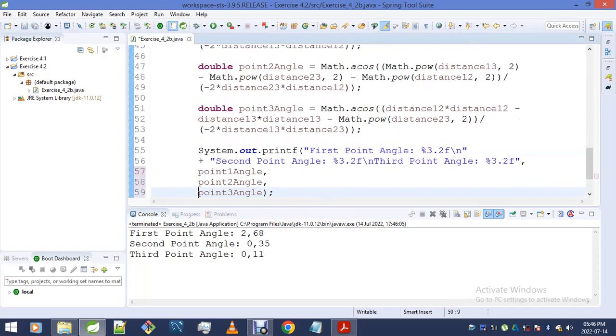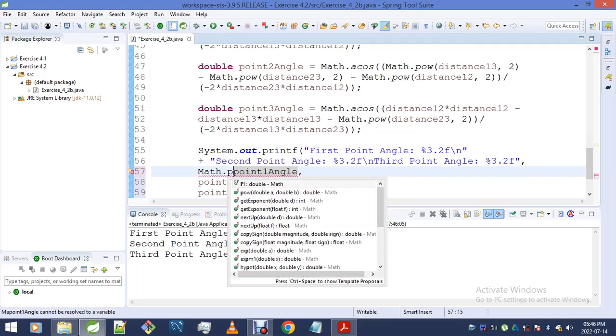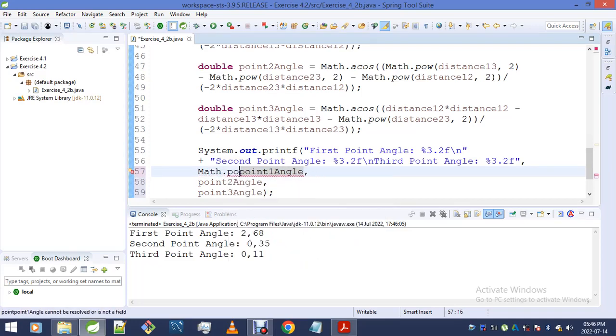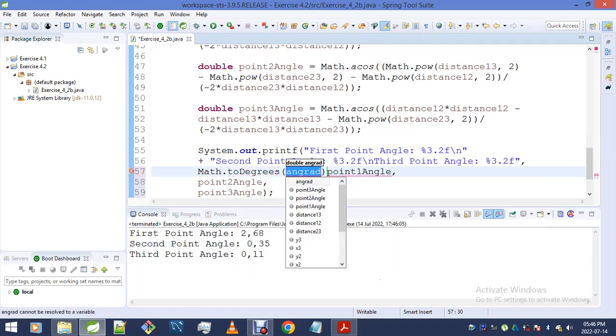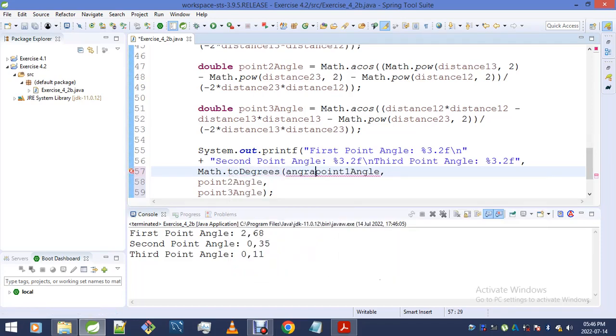Whatever value that variable holds is an angle in radians. So if we want an angle between 0 and 360 degrees, we're gonna have to convert all our answers to degrees.